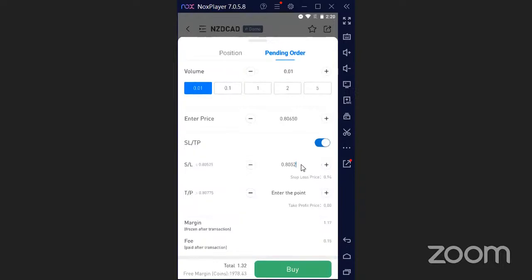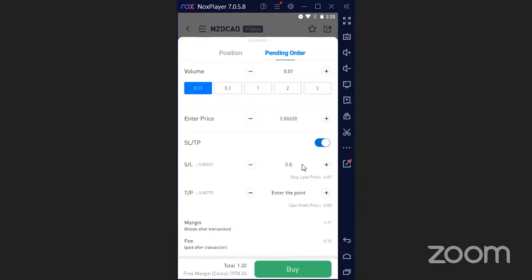It is also very important to set stop loss and take profit on buy limit or pending orders. It's very important because you want to protect your funds in case the market goes against you.